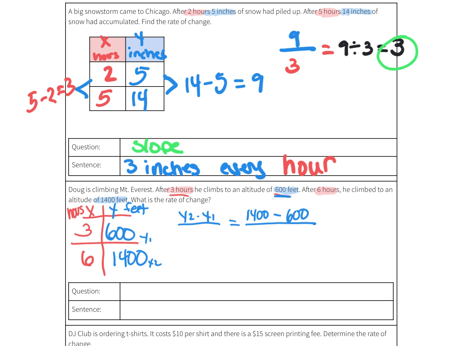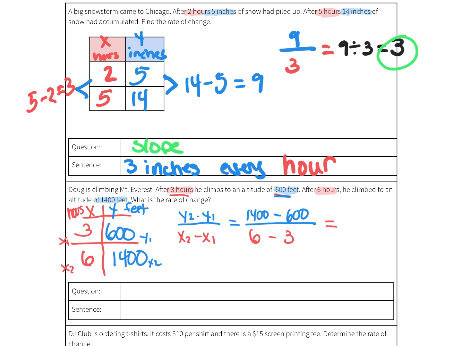Then on the bottom, we have x2 minus x1. x2 is 6 minus x1, which is 3.